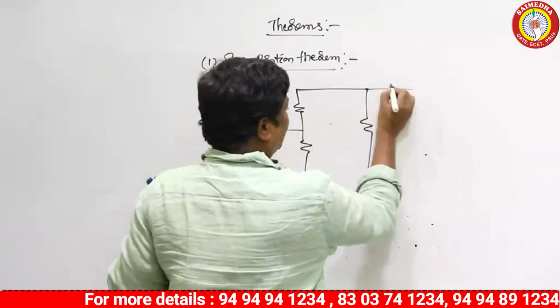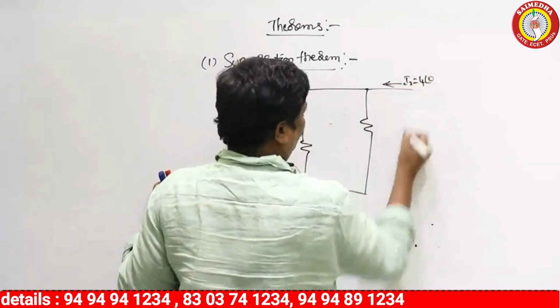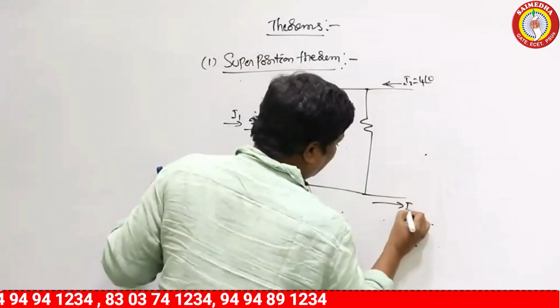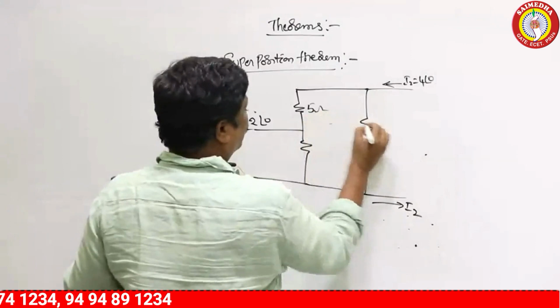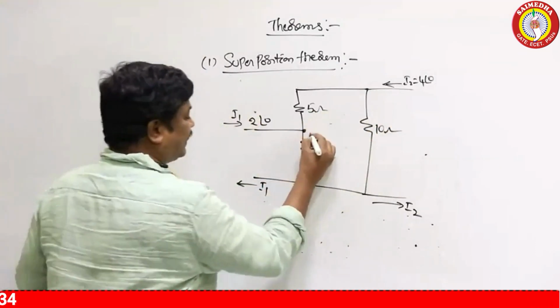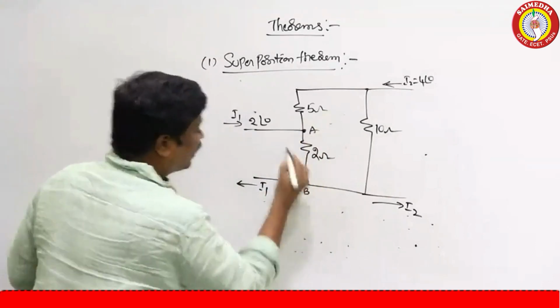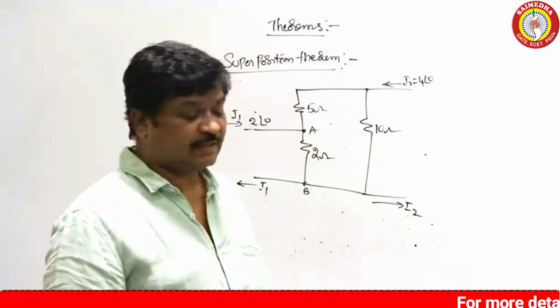And I2 is equal to 4 at an angle of 0. I2 is here, I1 is here. This is 5 ohms, this is 10 ohms, this is 2 ohms. This is A, this is B. We want to find the VAB. This is a very simple problem.